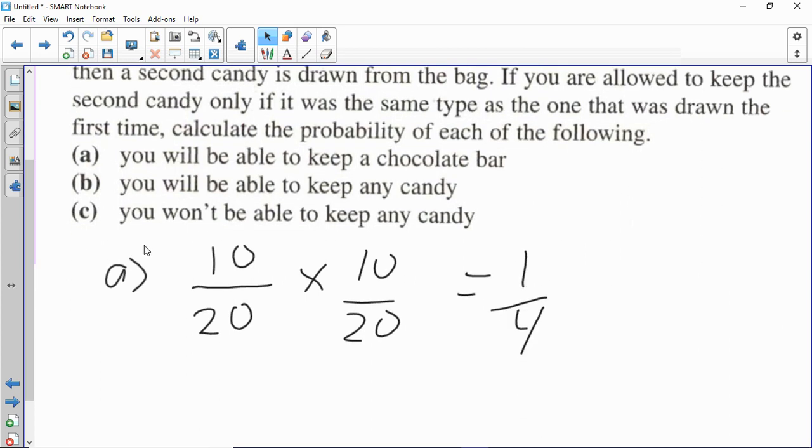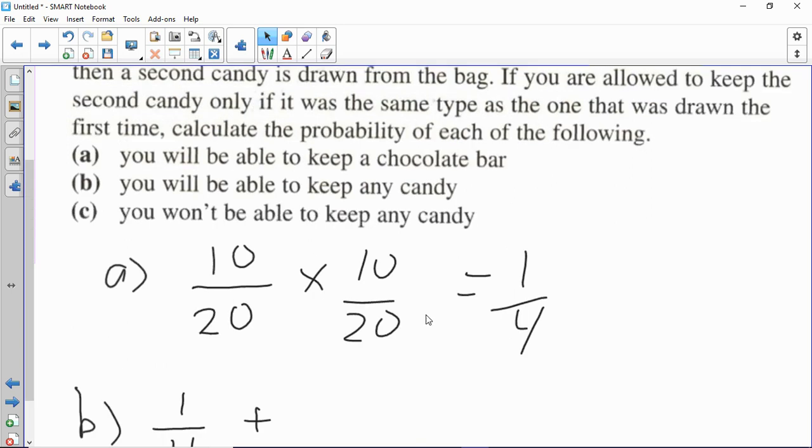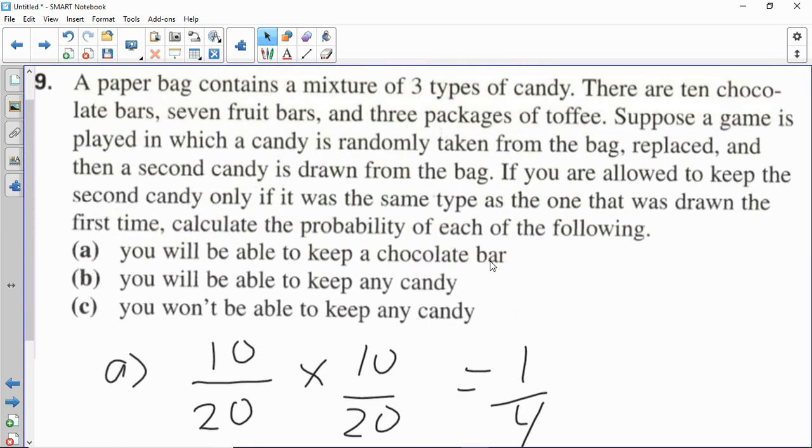What's the probability to be able to keep any candy? Well, I would say the easiest way to do this is actually to break it down into cases. There's a 1 out of 4 chance that you draw a chocolate bar twice. We just figured that out. We could do the same thing for the fruit bars.